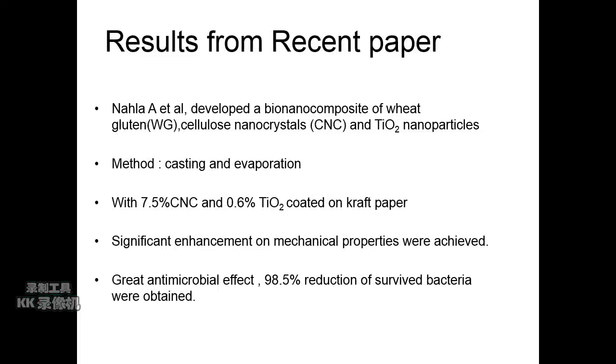A significant enhancement of the mechanical properties was obtained, and the material also has a great antimicrobial effect. A 98% reduction in the number of surviving bacteria was obtained by the researchers.